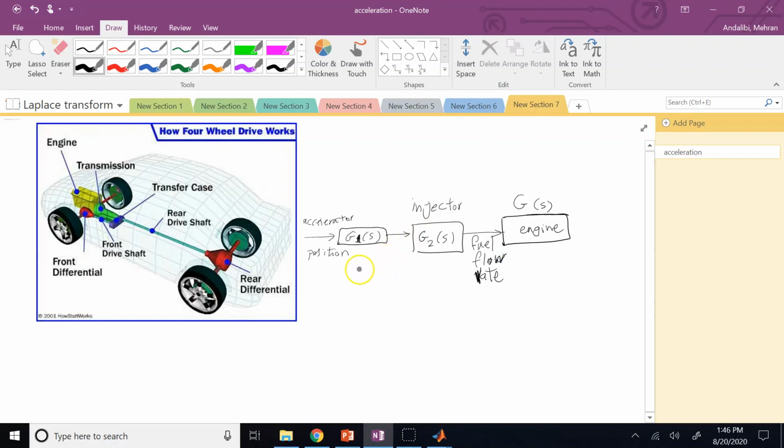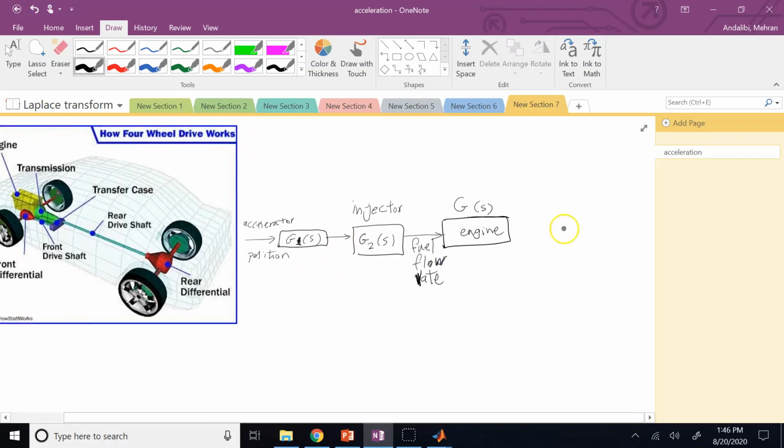Okay, and then comes out of the engine an RPM. So it is going to be RPM or omega, this is G3, of the crankshaft. So this is the RPM of the crankshaft, which goes out.